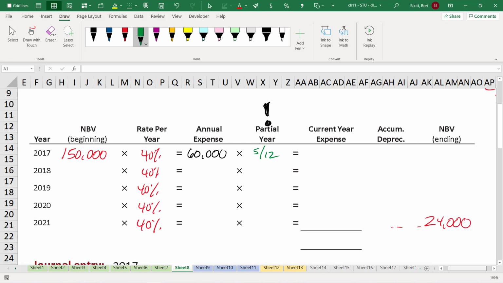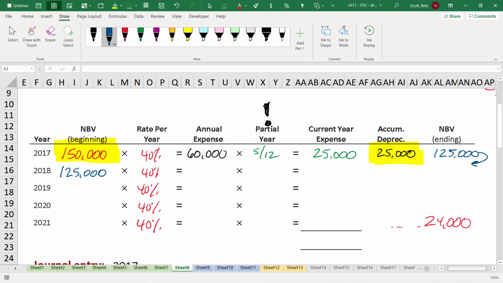Multiply that across, the first depreciation amount is $25,000, which means accumulated depreciation goes from 0 to 25,000. Compare the beginning net book value with accumulated depreciation at the end of the year. What is the net book value at the end of the year? $125,000. And what do we do with that? Bring it into the next row all the way over here.